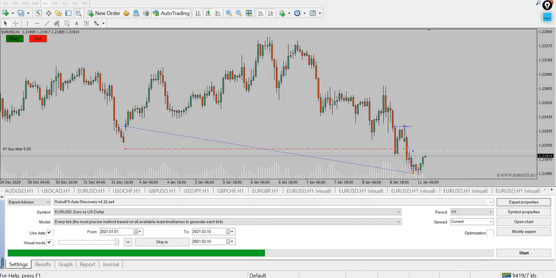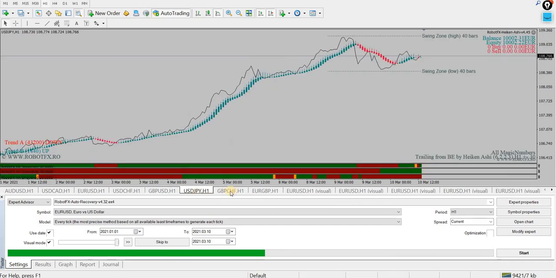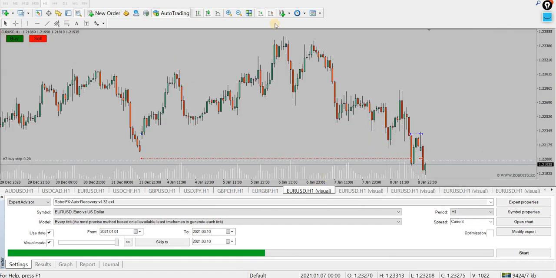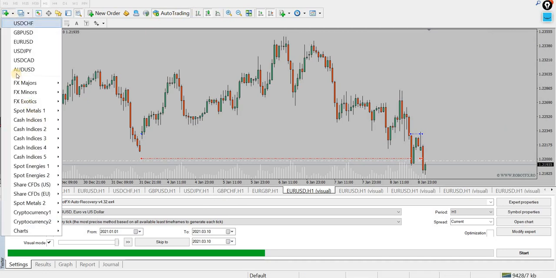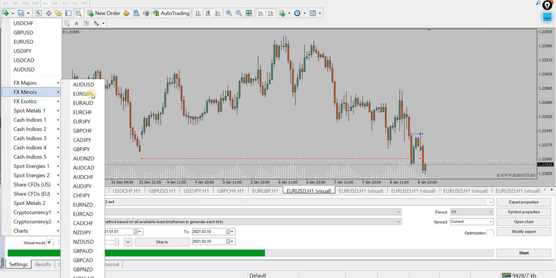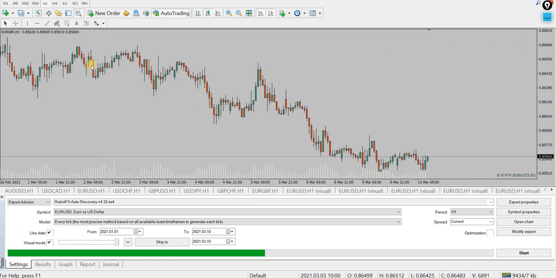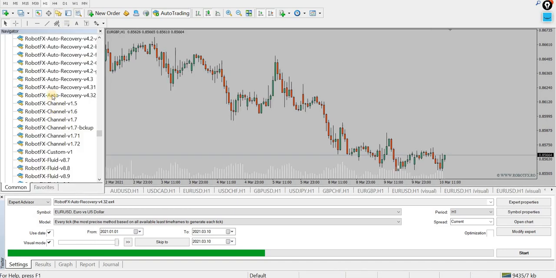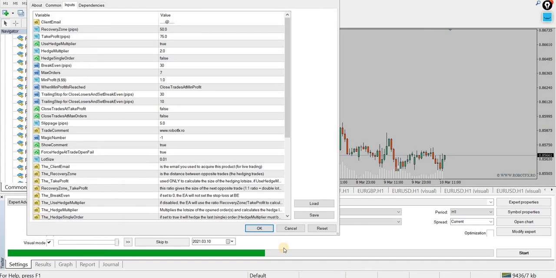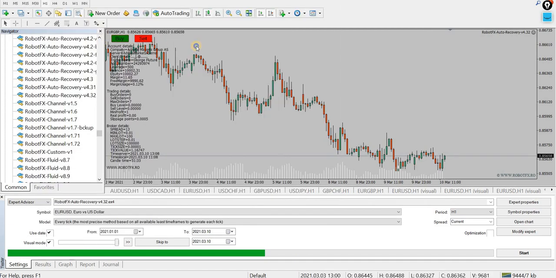However, there is a chart. So when you are using the strategy tester, the lot size is percentage of the equity.